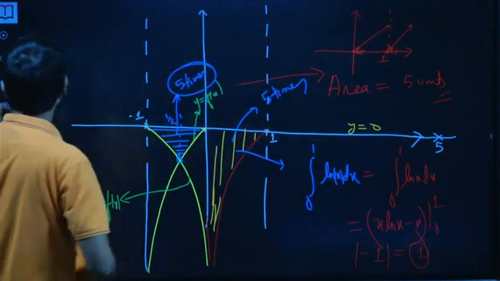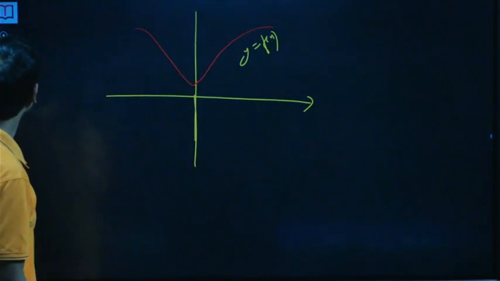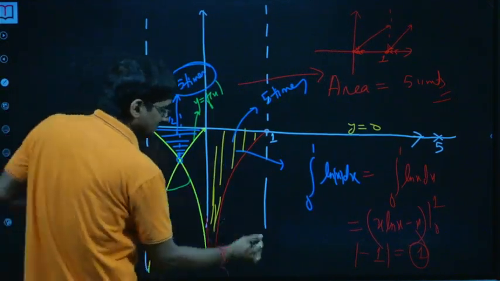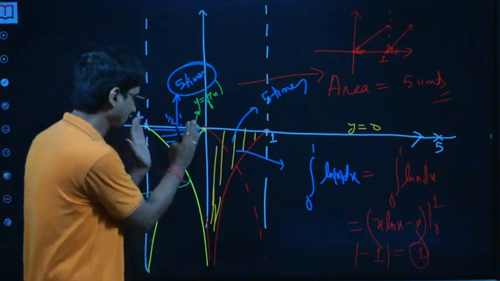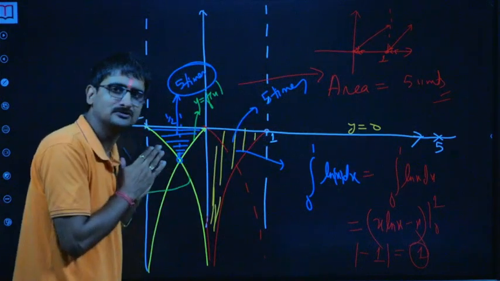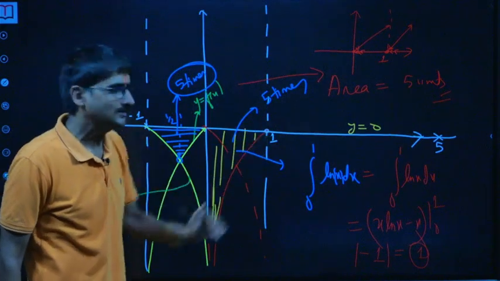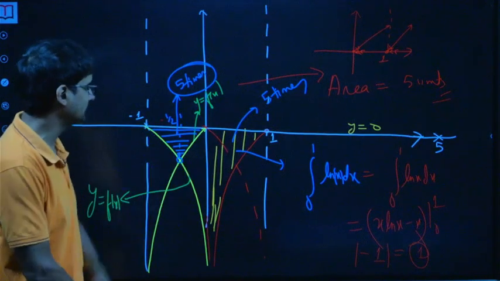Okay, now let's come to the left side one. For the left side, wait, let me just erase it. Now see, if we go for this part also, it's the same thing which you might have here also. So if I go from 0 to 1, I will integrate 0 to half and half to 1. Same thing, minus 1 to minus half, and then minus half to 0.